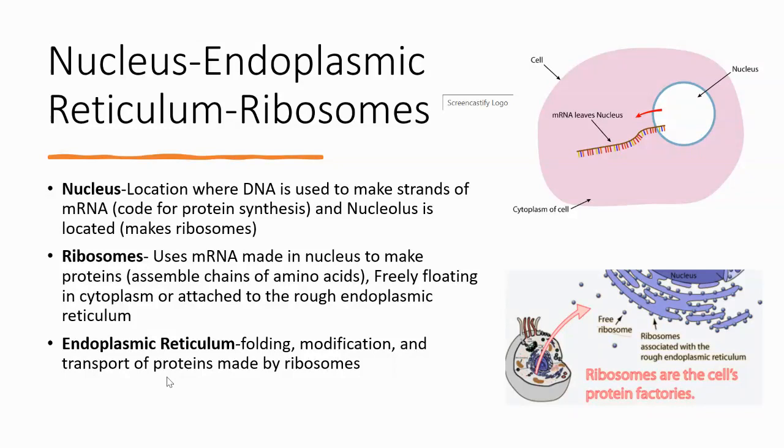Ribosomes are freely floating or attached to the endoplasmic reticulum. And again, the endoplasmic reticulum, as it relates to ribosomes, does part of the folding and the modification and the transporting of these proteins that eventually end up going to the Golgi body or the Golgi apparatus.